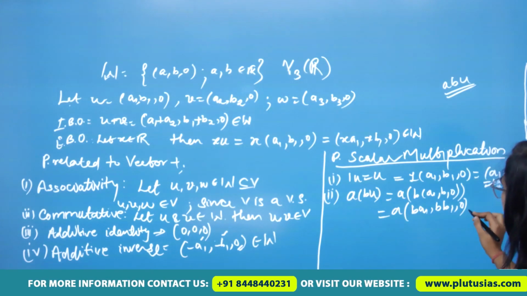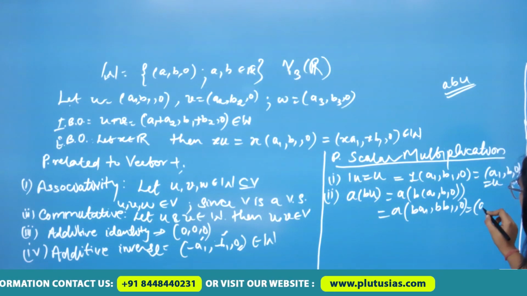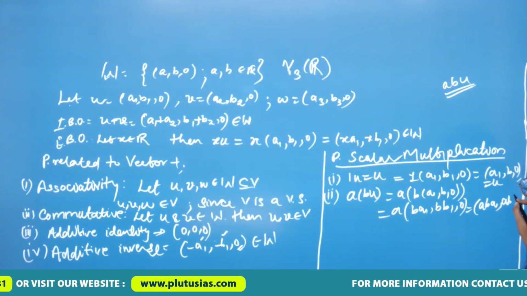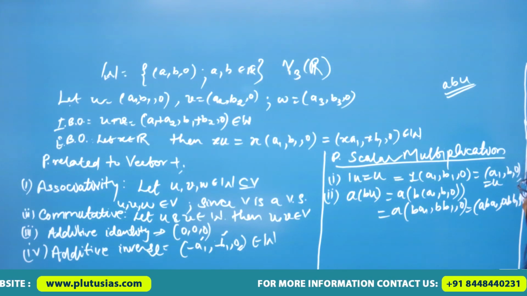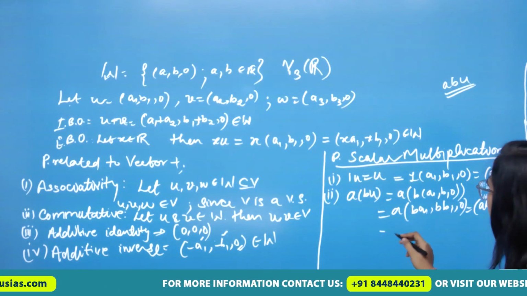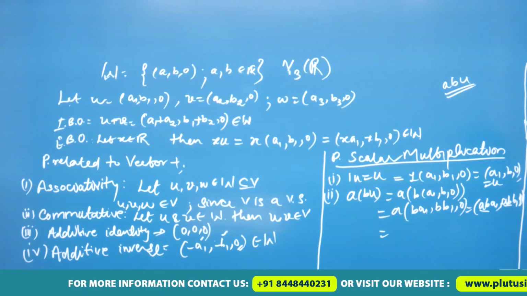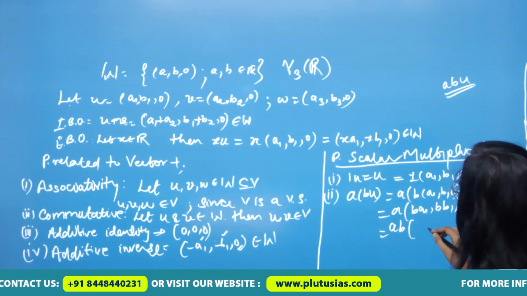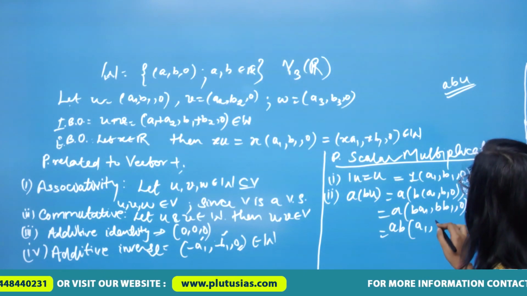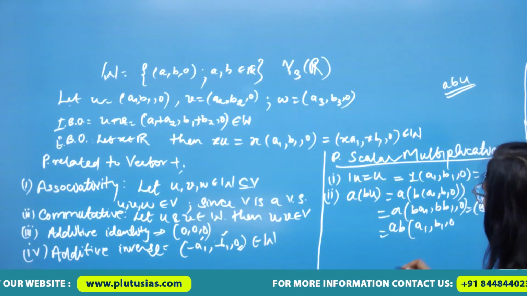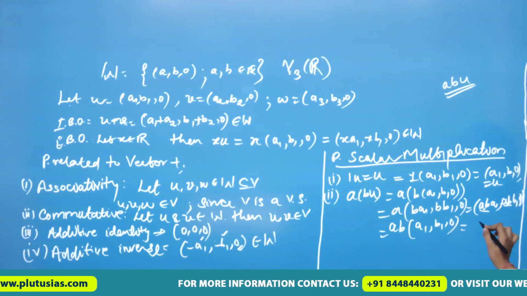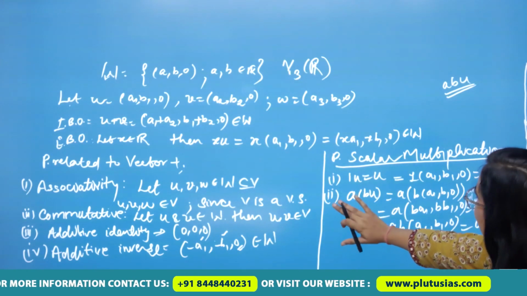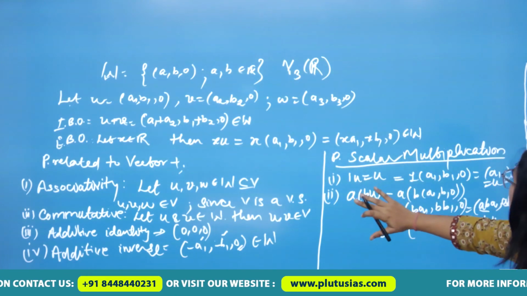Then we will multiply a inside, and it would turn out to be ab a1 comma ab b1, and this is 0, right? From this ab can be taken outside, so this would be ab. Inside we have a1, b1 and 0. This is nothing but u. So ab u. We started with this and we reached this, which means these both are equal.